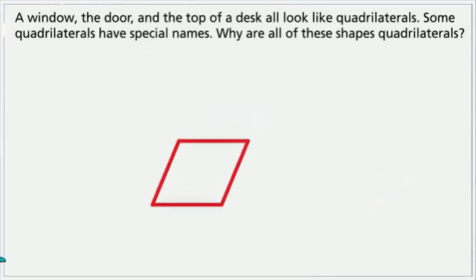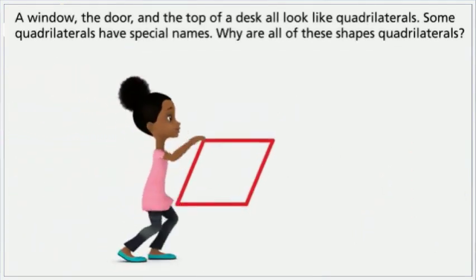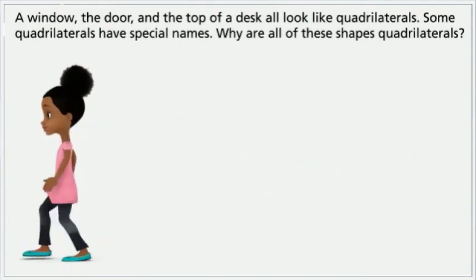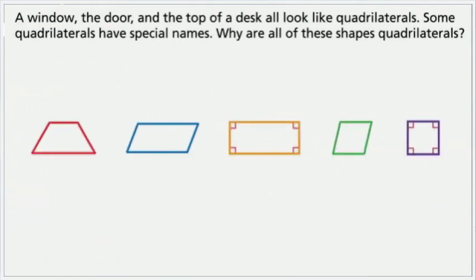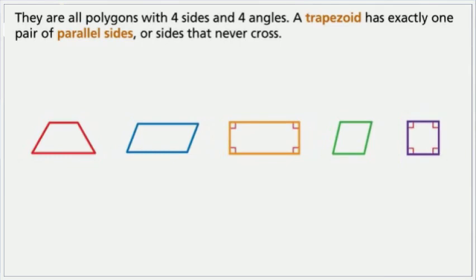A window, the door, and the top of a desk all look like quadrilaterals. Some quadrilaterals have special names. Why are all of these shapes quadrilaterals? They are all polygons with 4 sides and 4 angles.